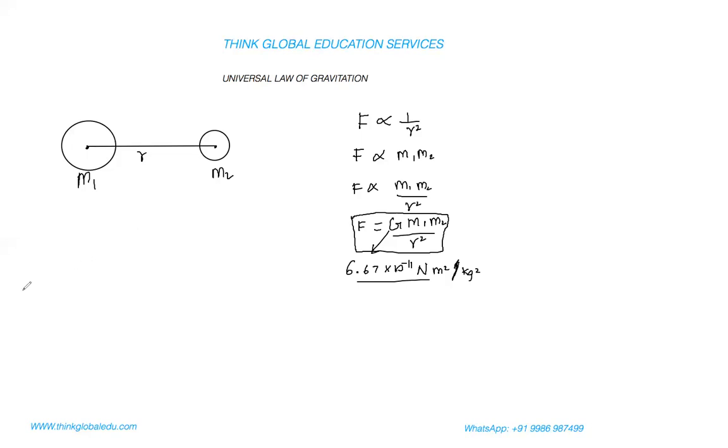If you want to find the gravitational field strength of the Earth at a position from the center of the Earth, we can find it using this formula. The gravitational field strength near the surface of the Earth is given by the letter g, which is called the acceleration due to gravity.